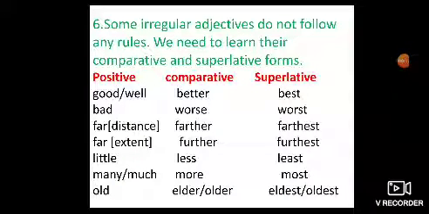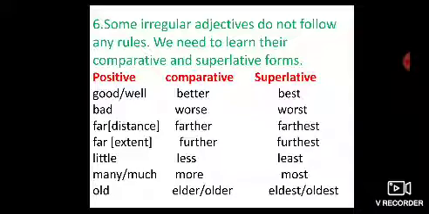Here is the last rule. Some irregular adjectives do not follow any rules. We need to learn their comparative and superlative forms. So here are the three columns given: positive, comparative and superlative.